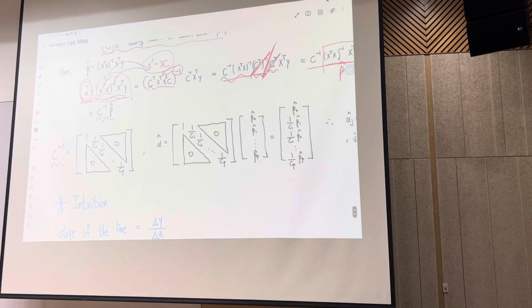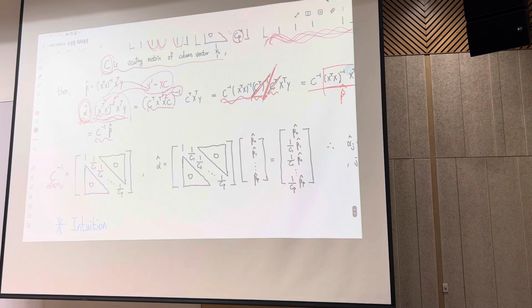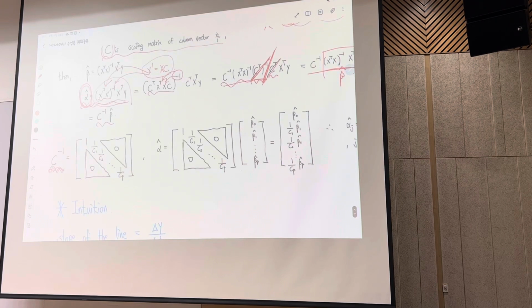And C inverse is the inverse matrix of a diagonal matrix. So we can get C inverse like this one. So alpha hat is equal to this. Alpha hat can be calculated like this.